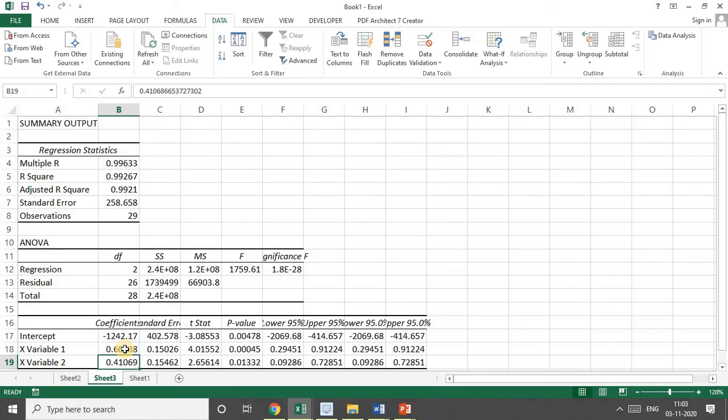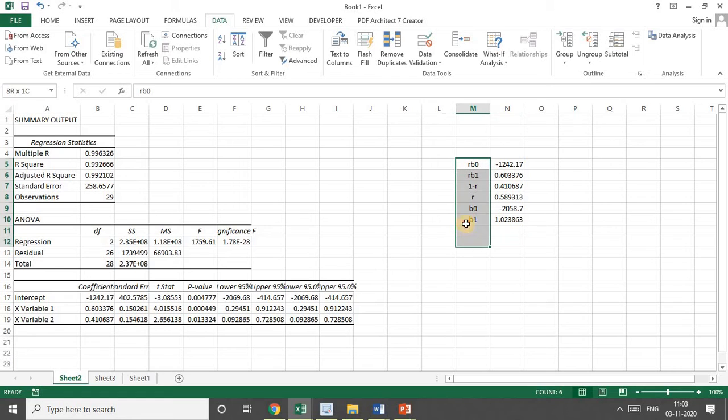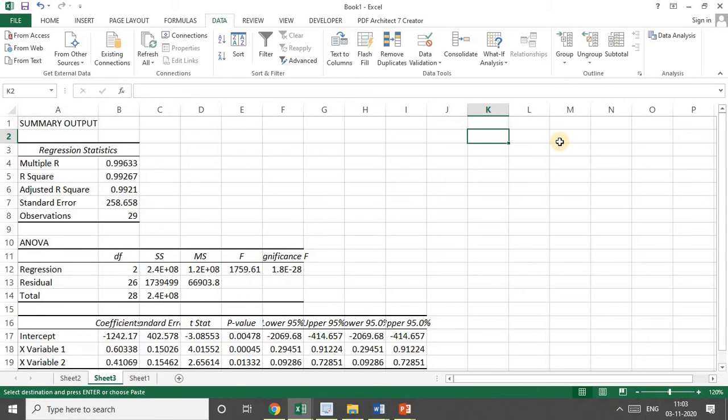What is our intercept? The intercept is not only beta 0 but gamma beta 0.